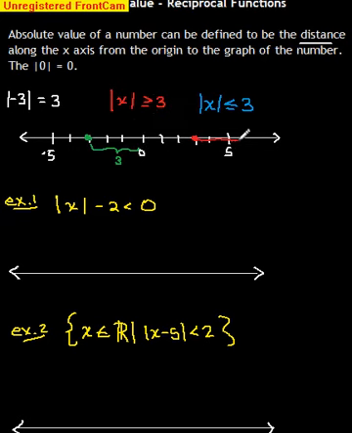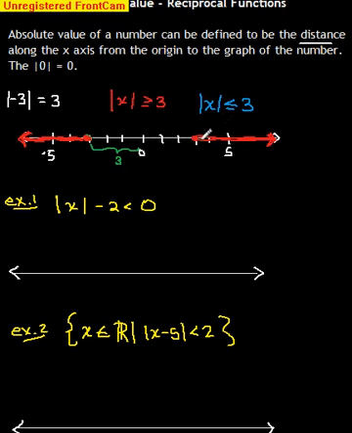And we want all the numbers that are more than 3 units away from the origin. So it would be all these numbers. And then it would be -3, because that's 3. This is 3 from the origin, right? And greater than 3 distance. So like if we have -5, -5 is more than 3 units from the origin.